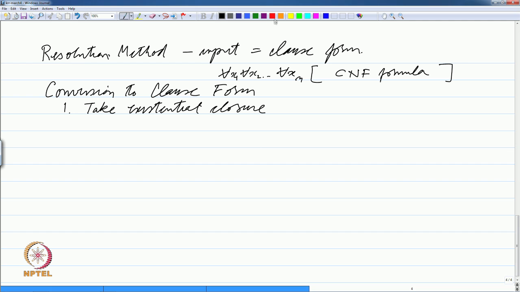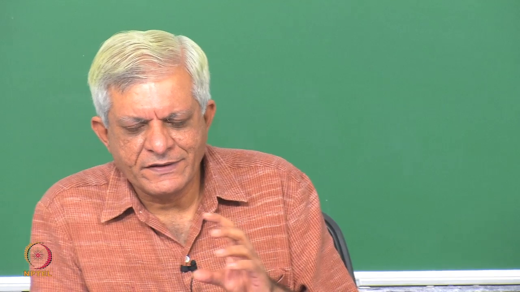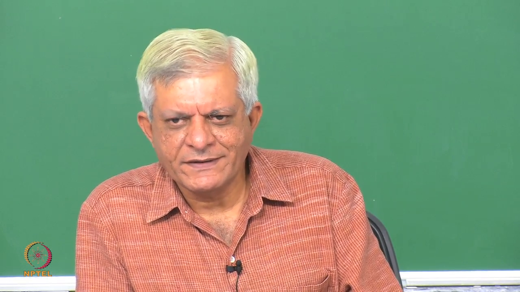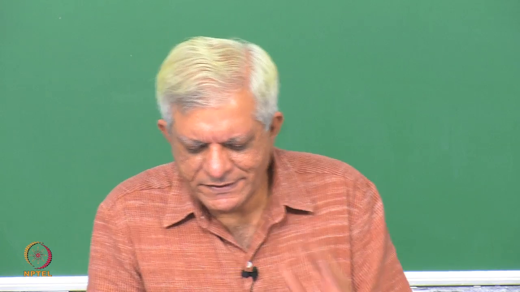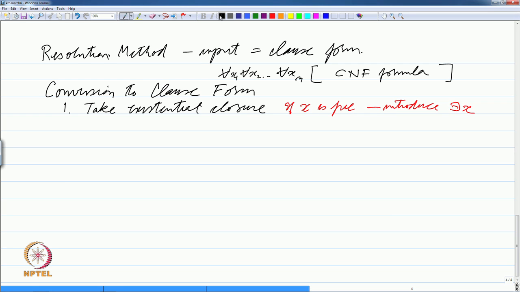Which basically means that if x is free, then introduce there exists an x, because we want to talk about sentences, and we said that formulas with free variables are not sentences. So, we will first convert it into a sentence by saying that whenever we have a formula with a free variable, for example if I say x is greater than 13, then what I really mean is that there exists an x such that x is greater than 13. So, I will just add an existential quantifier for that particular variable essentially.